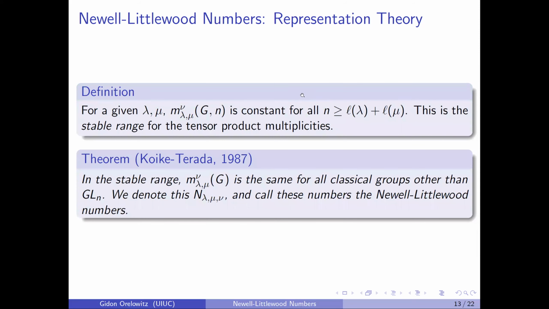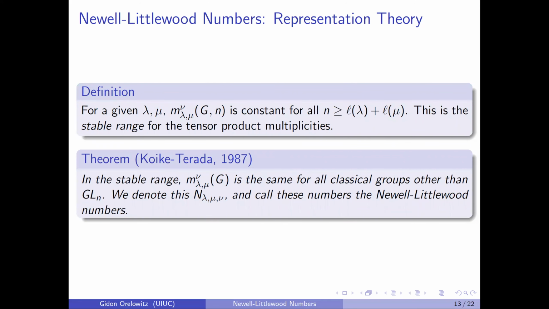It turns out that in general, whenever n is at least the sizes of lambda and mu combined, we get this stability, and so we're going to call this the stable range. But what about the other miraculous result?